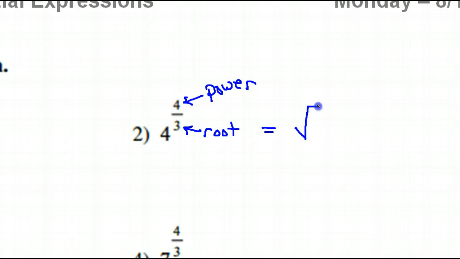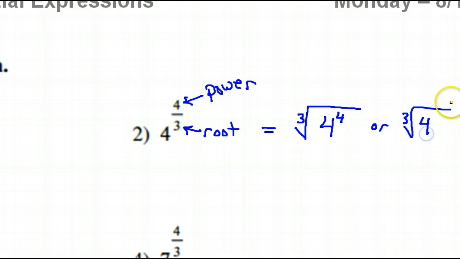So we know this is going to be the cube root, and then we'll have our 4. Now we're supposed to have the 4th power. You can either put that on the inside like this, or I could have done it with the 4th power on the outside. But I'm going to do it like this.